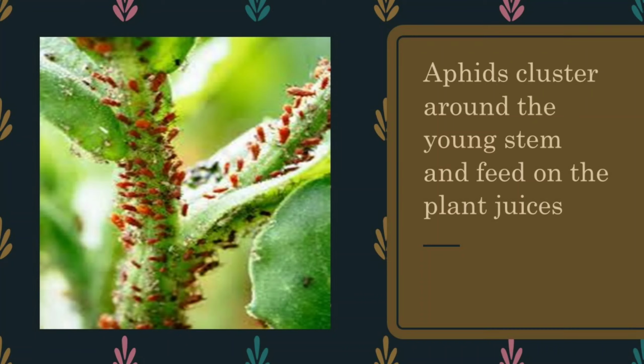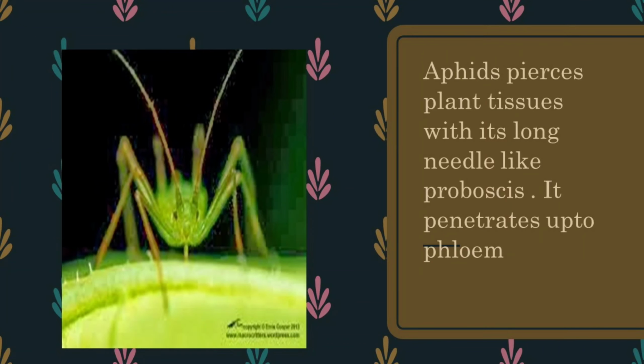Aphids cluster around the young stem and feed on the plant juices. These aphids have a long and needle-like structure called proboscis.